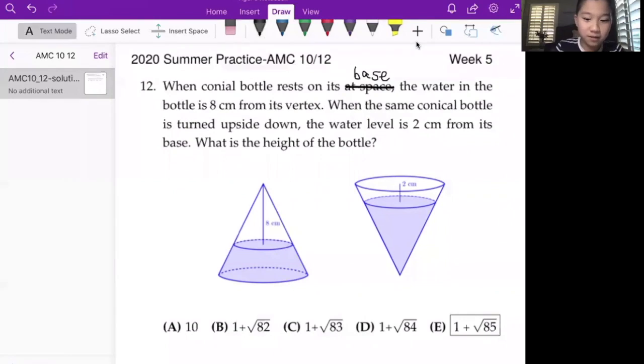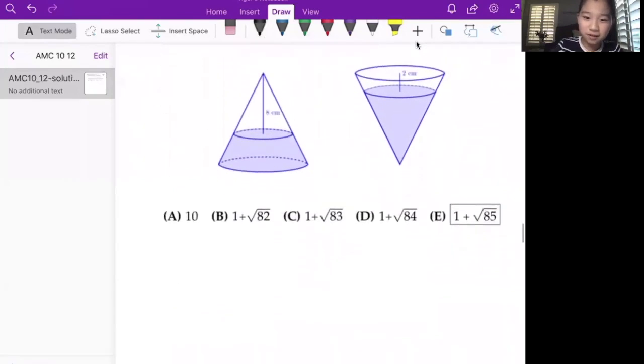Okay, so I'm going to show you an important concept that I use to solve these kinds of problems. Whenever I do these kinds of problems, I think about first, these are similar, right?